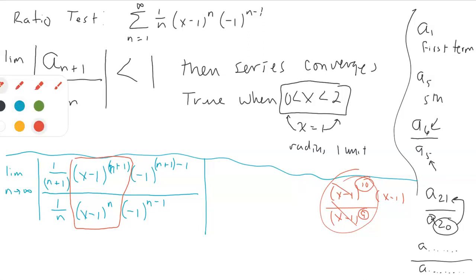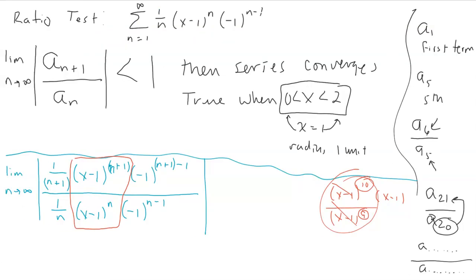So my first move, let me take this to the next page so it's a little neater: the x minus 1 to the n plus 1 divided by x minus 1 to the n is going to simplify to be just x minus 1.